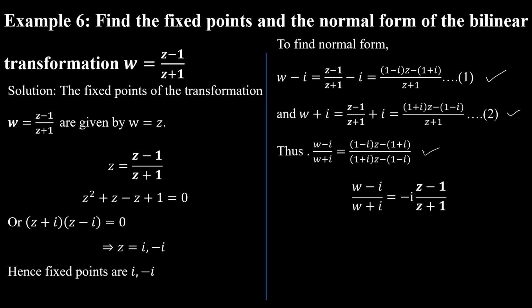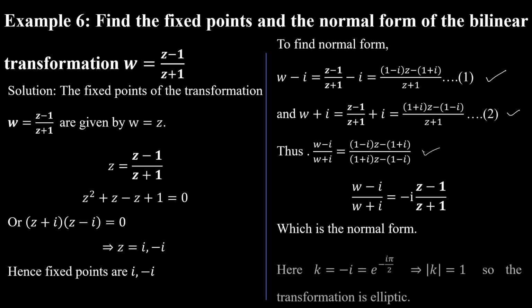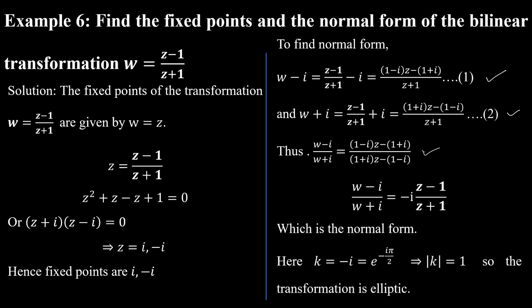Now by rearranging, we get (w minus i)/(w plus i) equals minus i times (z minus 1)/(z plus 1). So this is the normal form. Here k equals minus i, so it can be written as e to the power minus i pi by 2, and mod of k equals 1, so that is why it is of elliptic form.